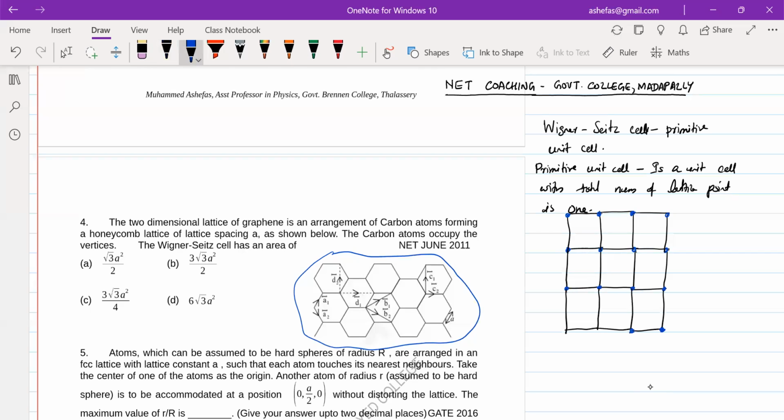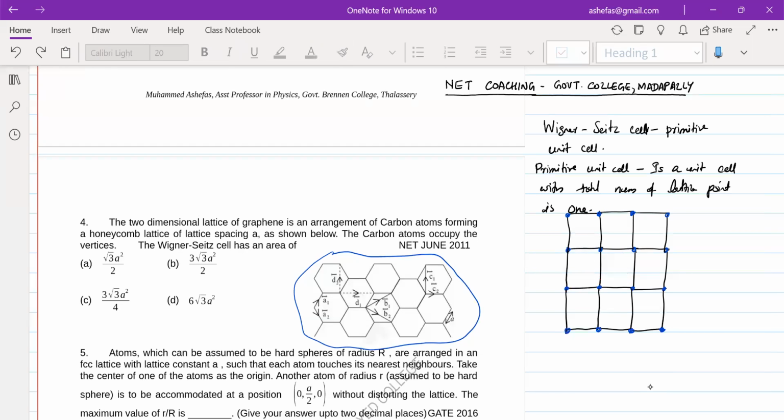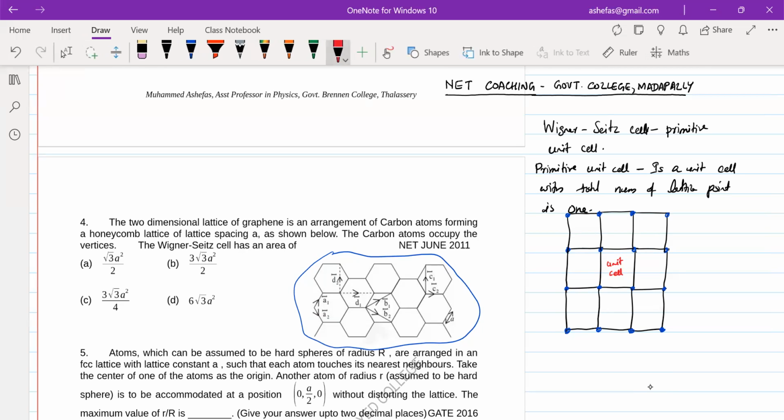Now, is this unit cell primitive or not? The first question is which is the unit cell here? We can take any unit. Here, the unit cell that I have taken is this. All the other unit cells are a repetition of this. If you repeat this unit cell, we'll get the entire lattice. So this is our unit cell. The unit cell is of rectangular shape and the lattice points are present only at the corners.